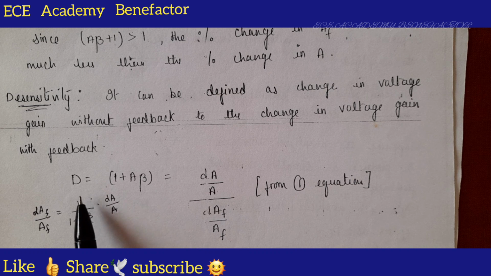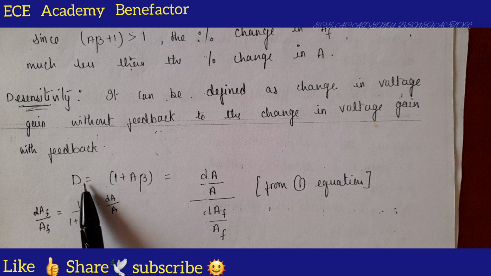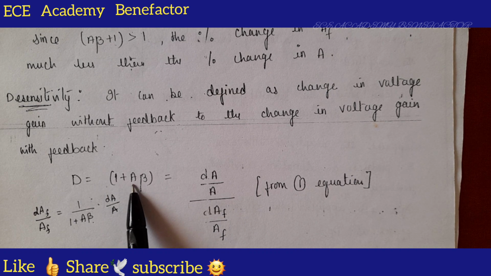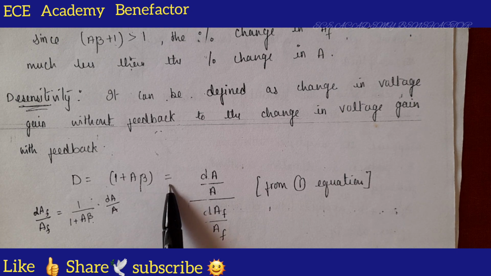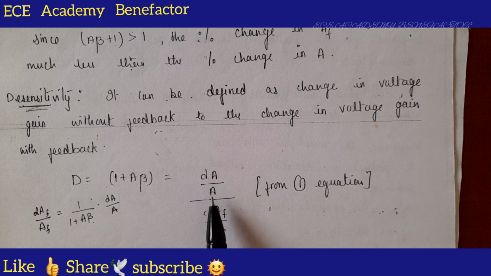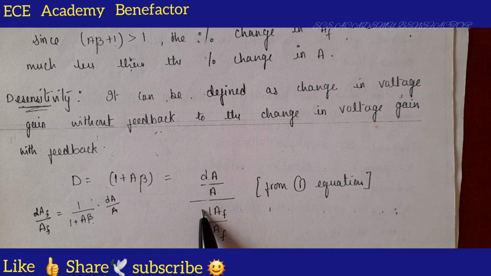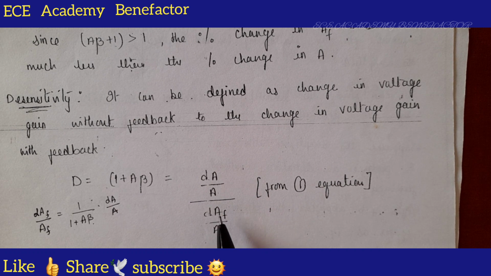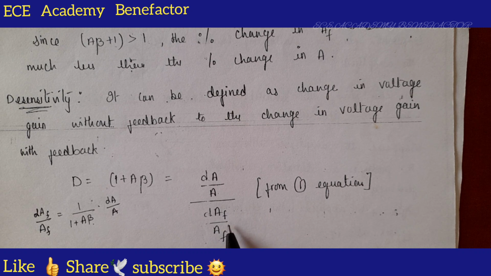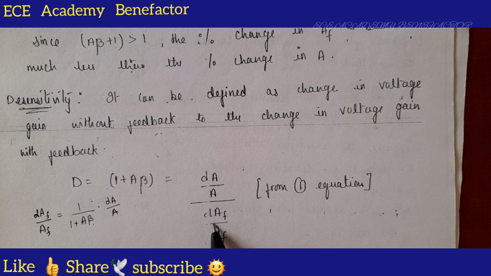So we can remember the desensitivity equation as D is equal to 1 plus A beta, which is also equal to dA by A divided by dAF by AF. What is this? The fractional change in gain without feedback divided by the fractional change in gain with feedback.